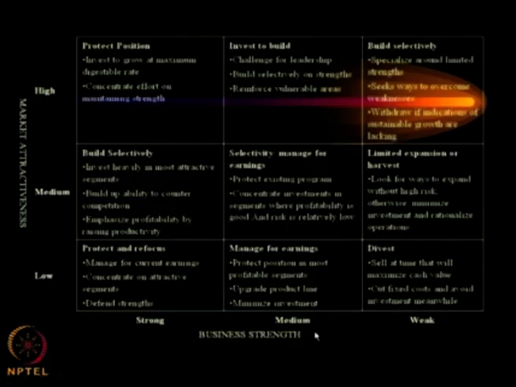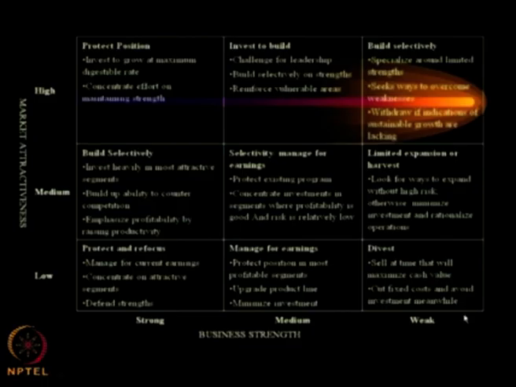Now, you find out how you can bring it to the left corner cell, that is the strong and high cell. Then build selectively on strength, this could be the other strategy. Then reinforce vulnerable areas. So, wherever you find that the business unit needs to tighten up the belt, that is the place where you start tightening, so that you do not have shortcomings.